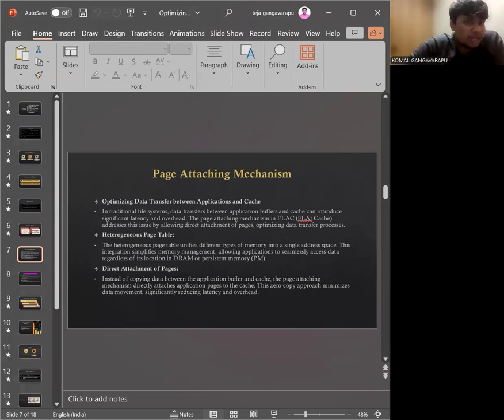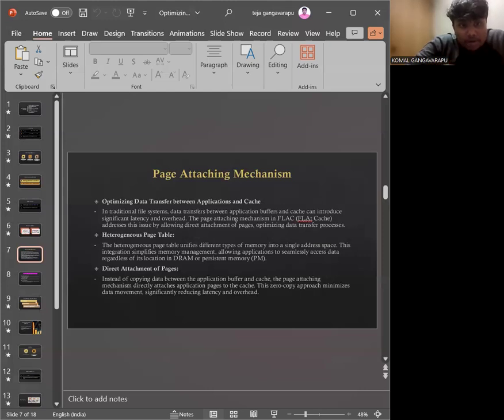This slide explains more deeply the page attaching mechanism, which optimizes data transfer between the application and the cache. In traditional file systems, data transfer between the application buffer and the cache can introduce significant latency and overhead, as mentioned above.